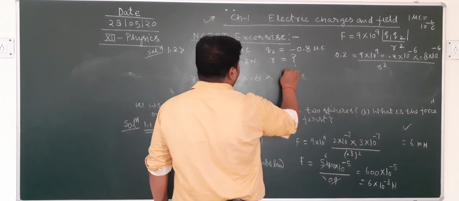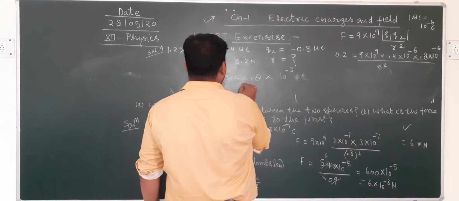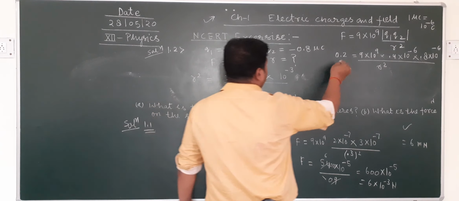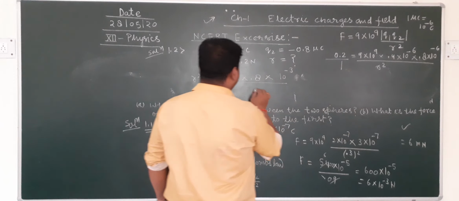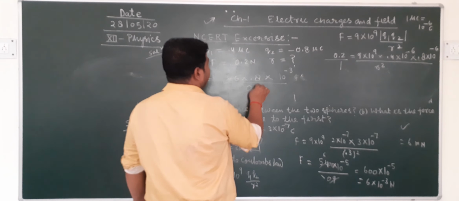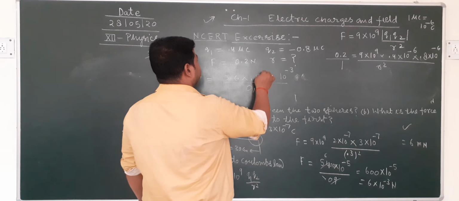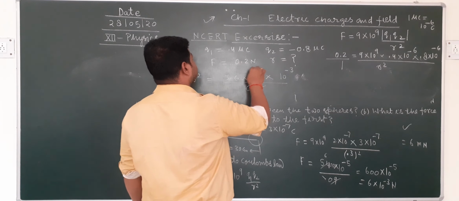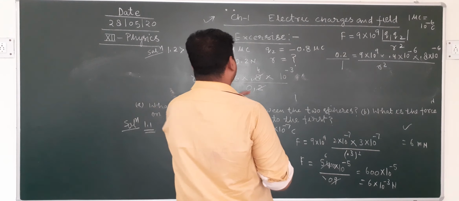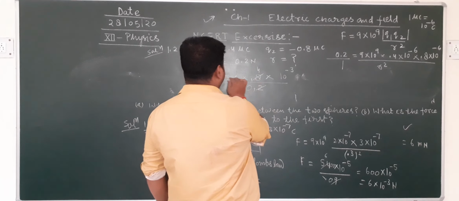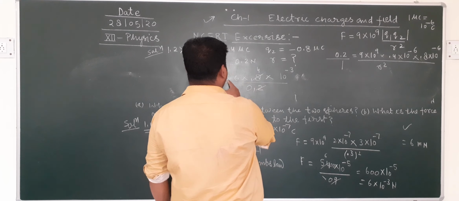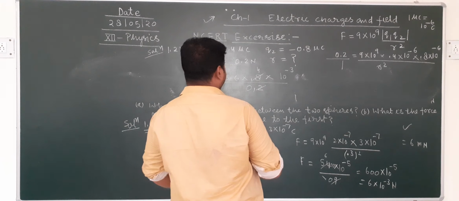So here we write 10 raised to power minus 3 upon, after cross multiplication here we write 0.2, the point cancels, 2 cancels 8, therefore here we write 4. After multiplication of 4 into 3.6.